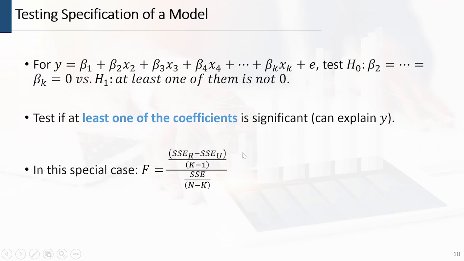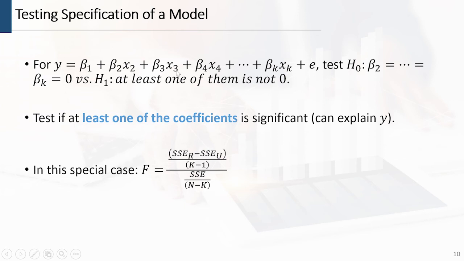Okay, and after that, let's look at one special case of the F-test we just discussed. There is something called testing the specification of a whole model. What does it mean? It means that when you have a multiple regression model, one thing you want to know is whether all the coefficients as a whole make sense in terms of explaining the movement of y.